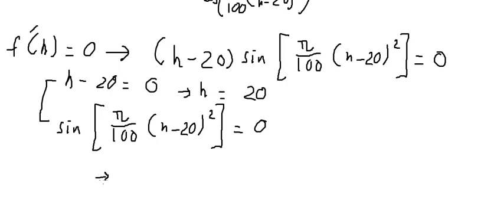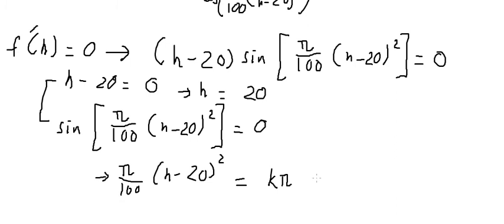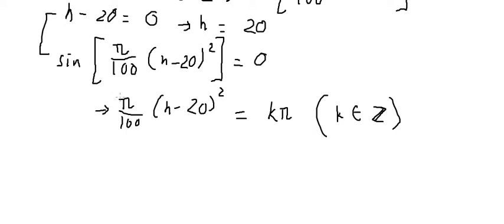So we will have about b over 100 and h minus number 20 squared equals to kb. So we know that k should belong to integers. So we simplify b for both sides, and we put 100 go to the right.